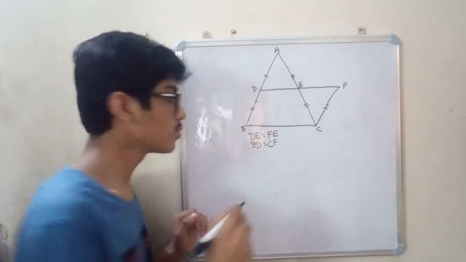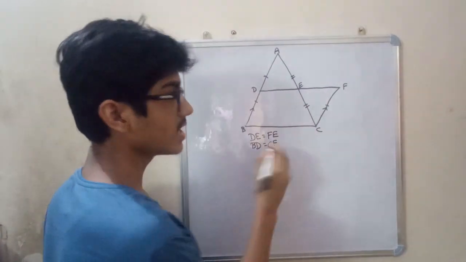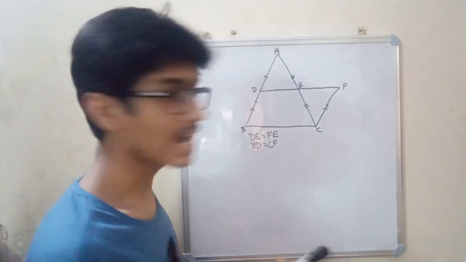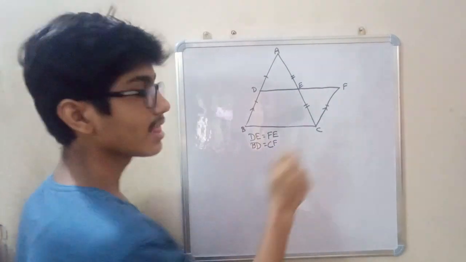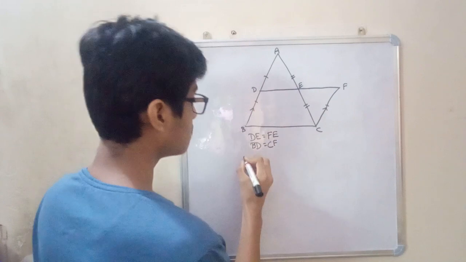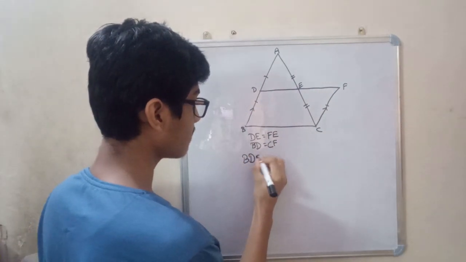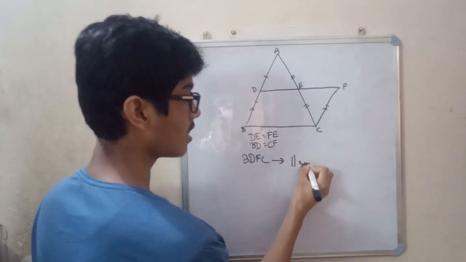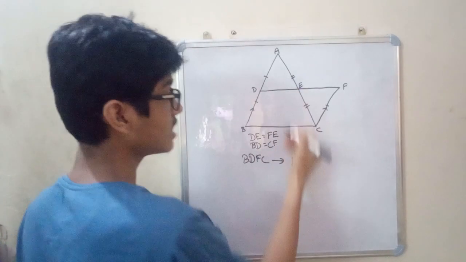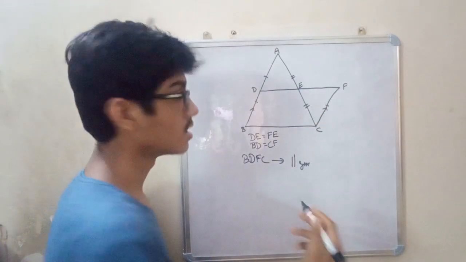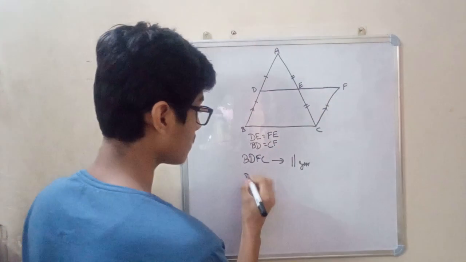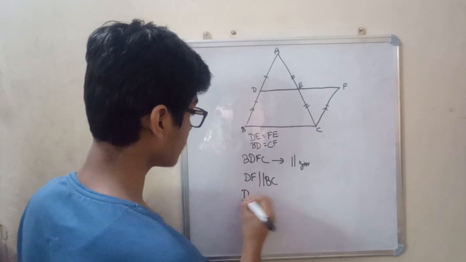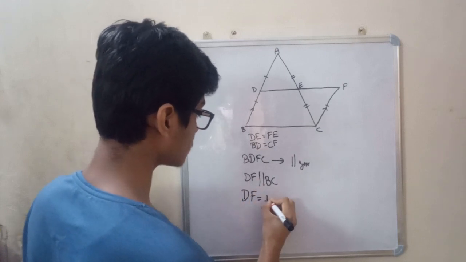Since BD is equal to CF and BD is also parallel to CF, opposite sides are parallel and equal, therefore BDFC is a parallelogram, and the opposite sides of a parallelogram are parallel and equal, therefore DF is parallel to BC and DF is also equal to BC.